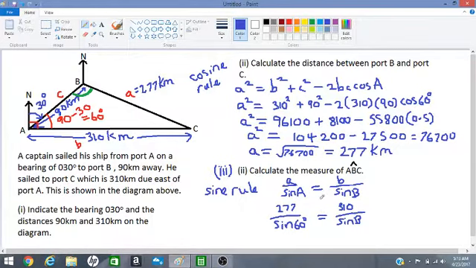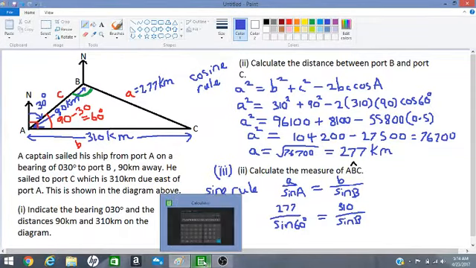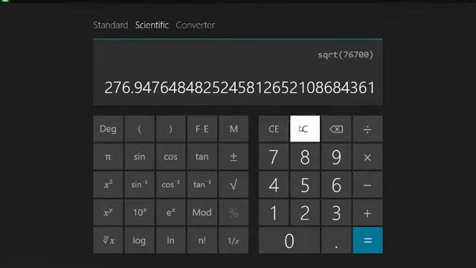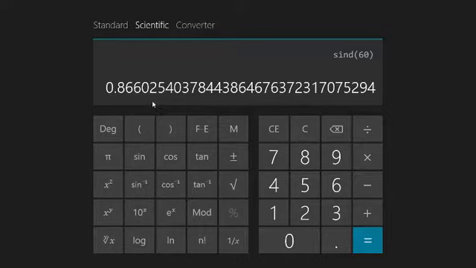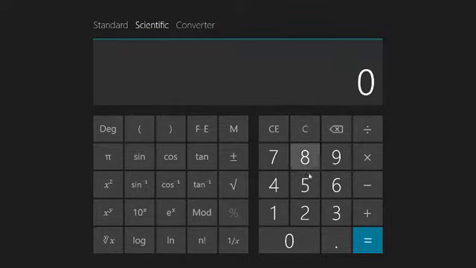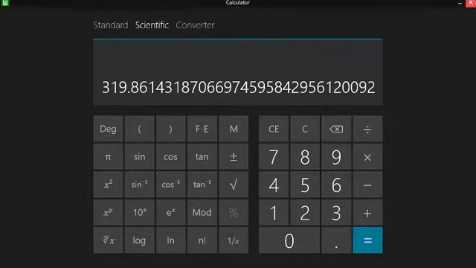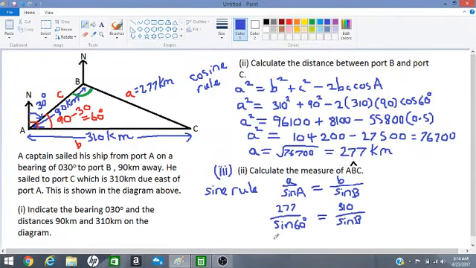Alright, so let us work out the left hand side. 277 divided by sine 60. So we have 277 over here. Let's find sine 60. 0.866. We'll use 0.866. 277 divided by 0.866 equals 319.9.